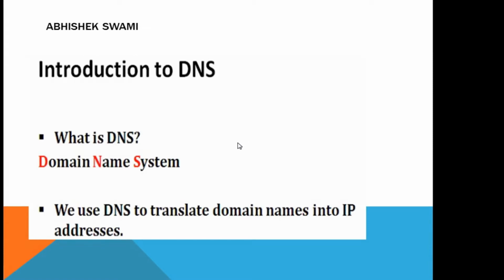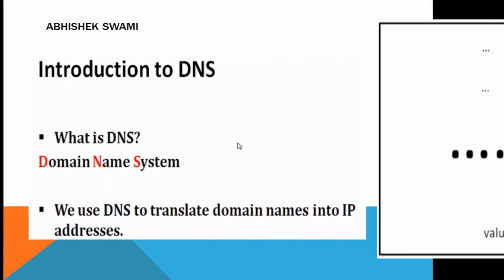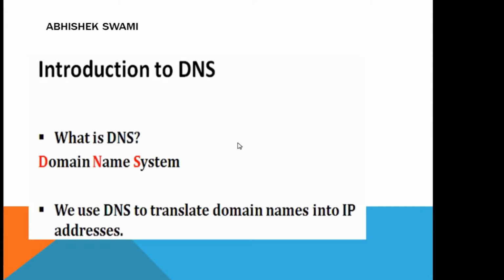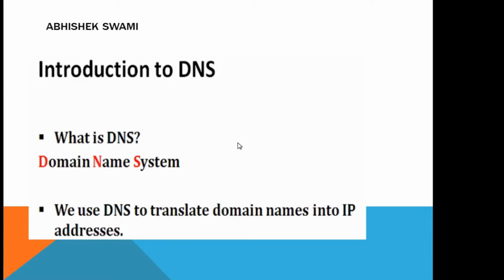Now your computer knows only numerical addresses, so when you send the request to your local DNS, it resolves the query. It converts that hostname into the IP address and the connection is established.